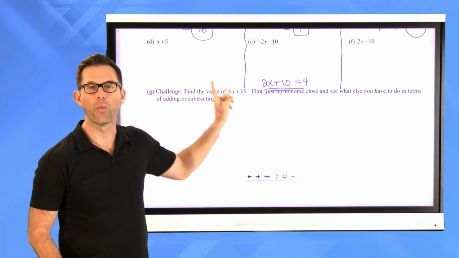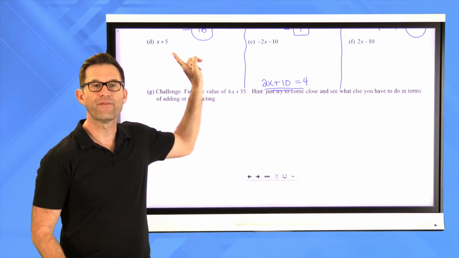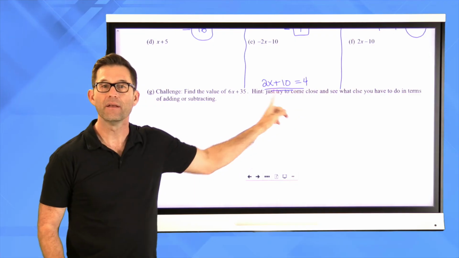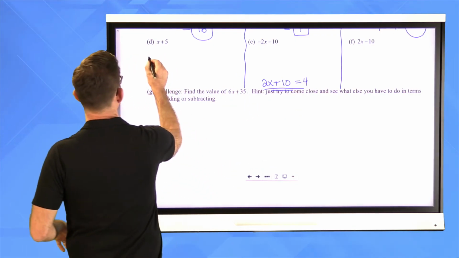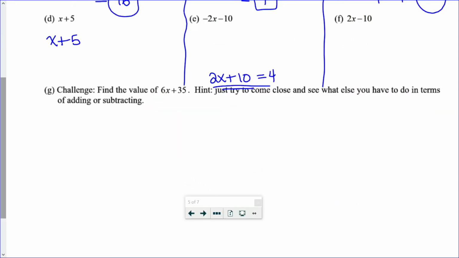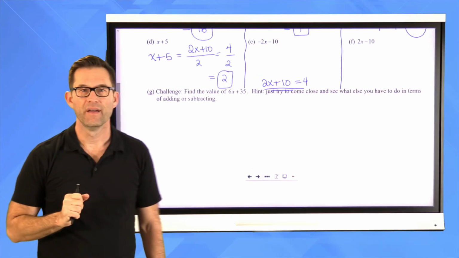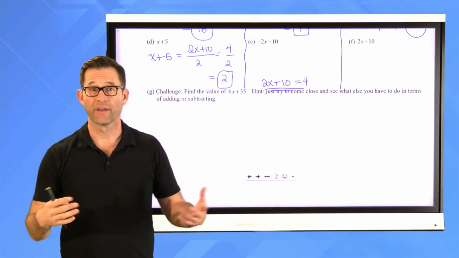Well, x is 1/2 of 2, and 5 is 1/2 of 10. So x plus 5 is going to be 2x plus 10, all divided by 2. Remember, division distributes, so that's going to be 4 divided by 2, and that's just going to be 2. So if you got 2 on there, you're getting there.